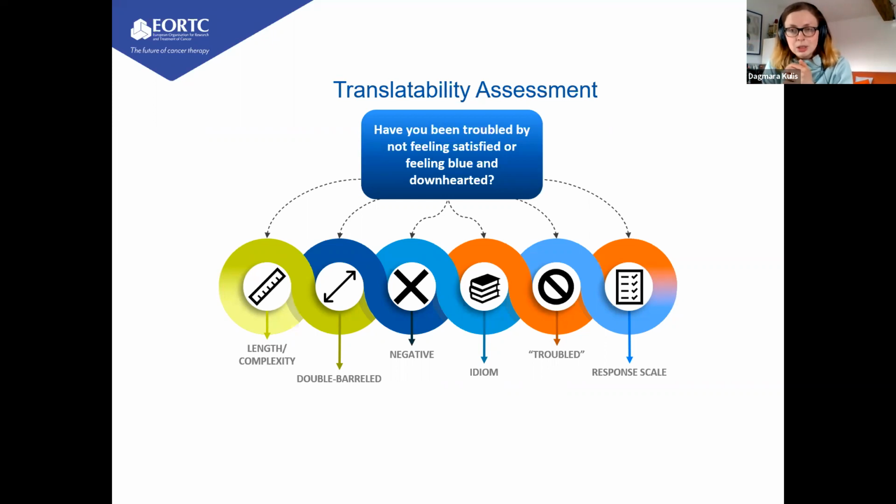We know that if we translate it to, for example, German or some other languages that are, let's call it, longer, it will be a very long question and we might just lose people's attention halfway through. Then the second problem that we see here is what we call a double-barreled question. It asks about 2 different things.